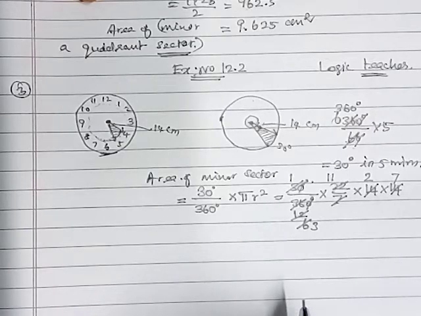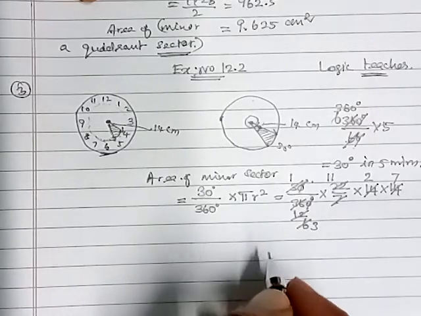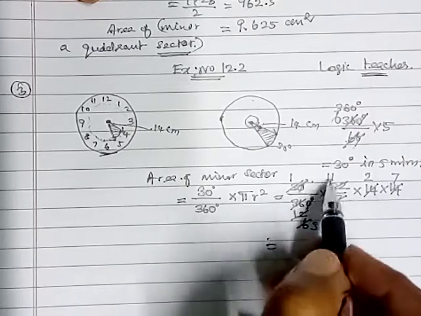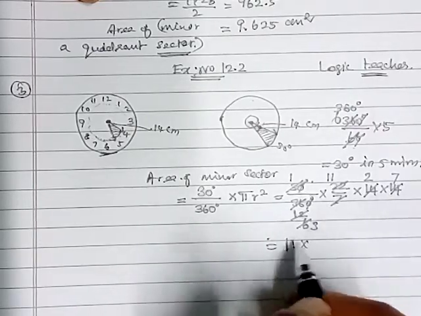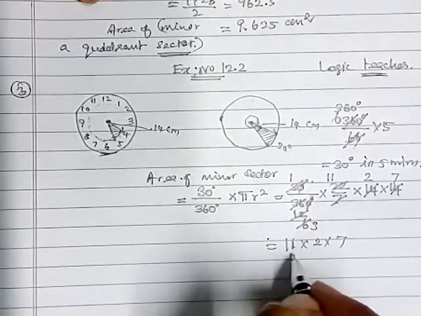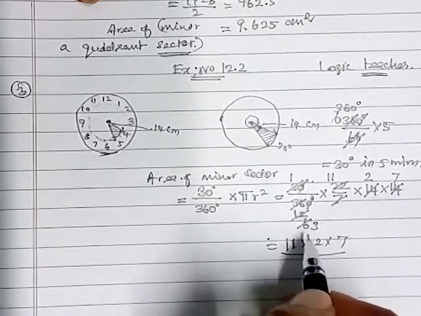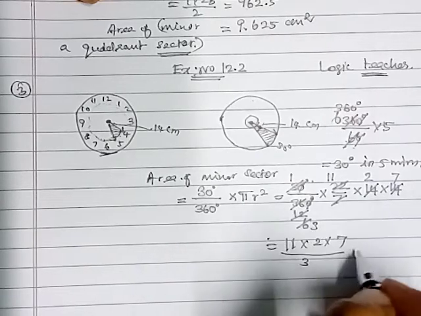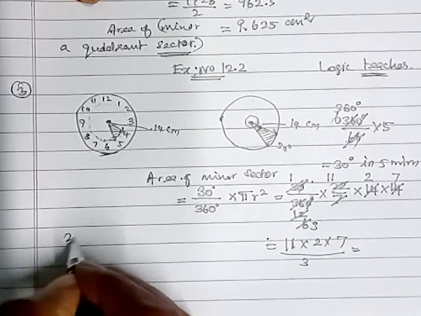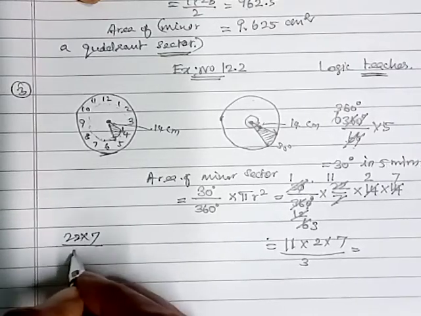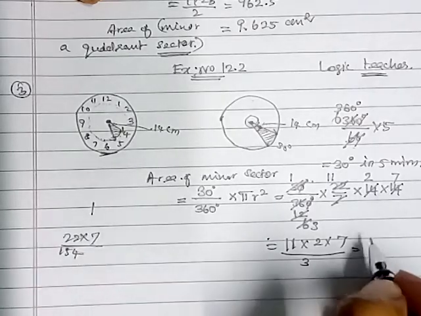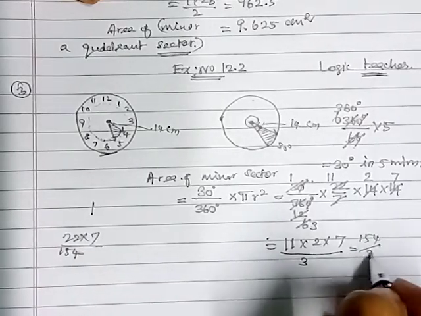So it is equal to 11 into 2 into 7, which is divided by 3. So 2 11s are 22, 22 into 7 is 154, right? 154 by 3.